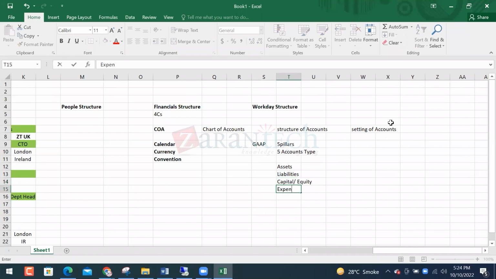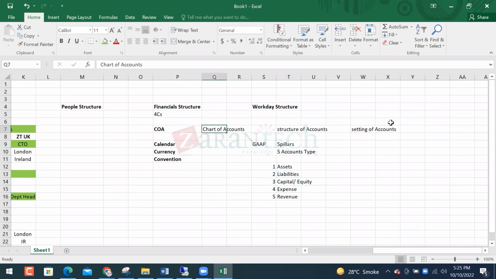Then we have expense and finally revenue. So my charts of account will be based on these 5 pillars. 1, 2, 3, 4, 5. What are the assets, liabilities, capital, expense, and revenue? We will discuss in a while.